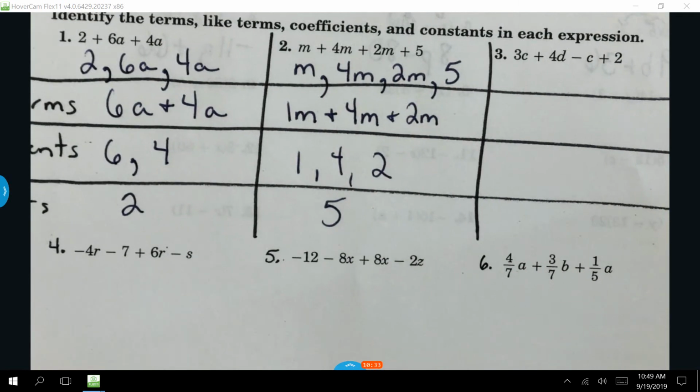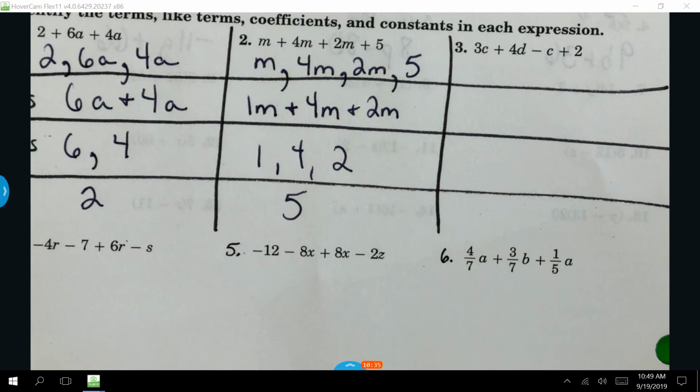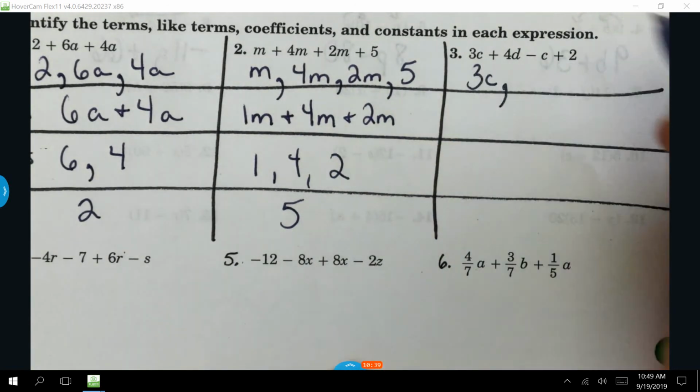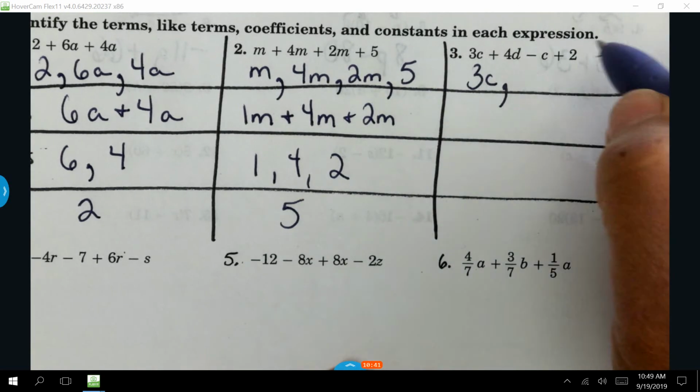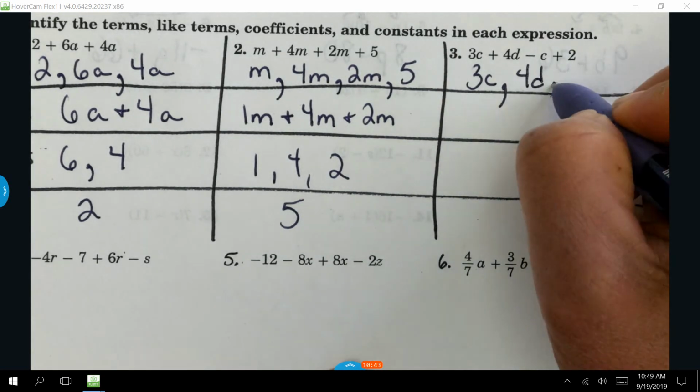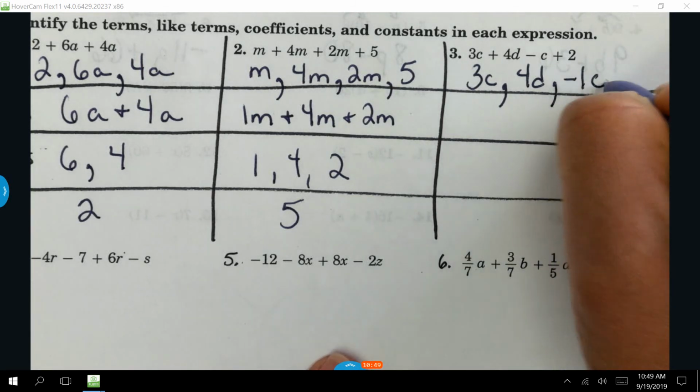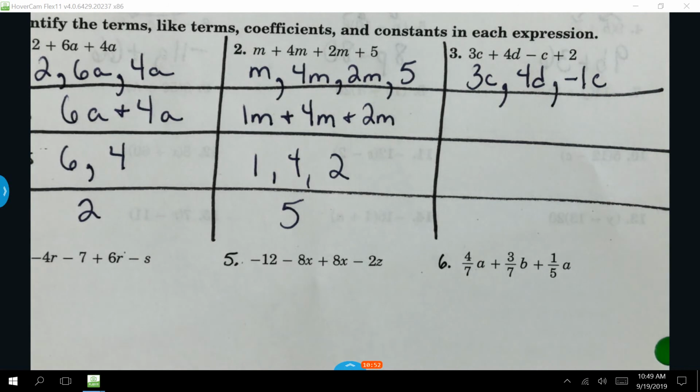Because that actually counts. So our terms in number 3. 3c. What's my next one? 4d. What's my next one? Very good. Negative 1c. Now, if you just put negative c, that's fine, but you have to recognize that whatever comes before the term, that's the sign that goes with it.